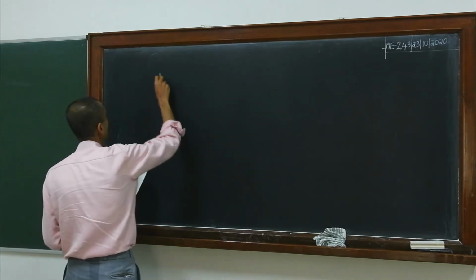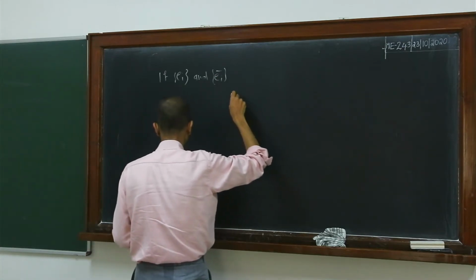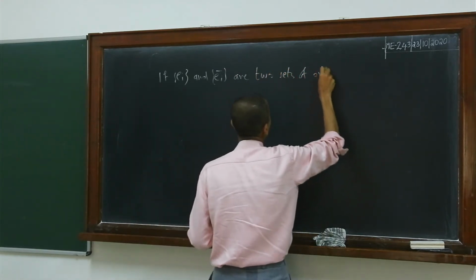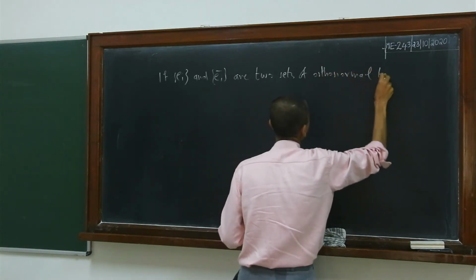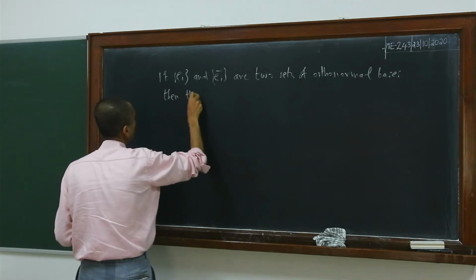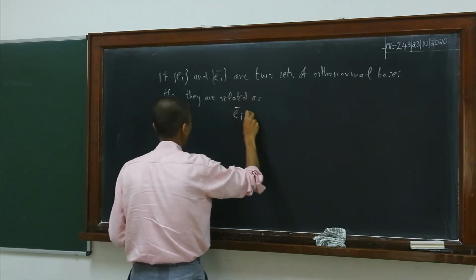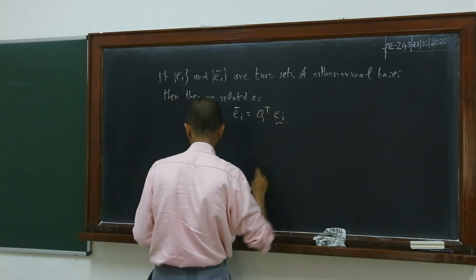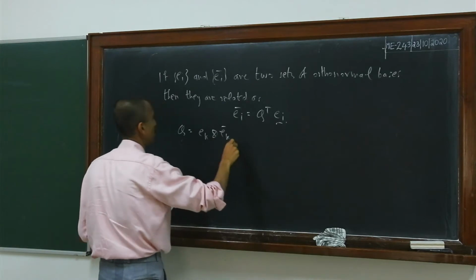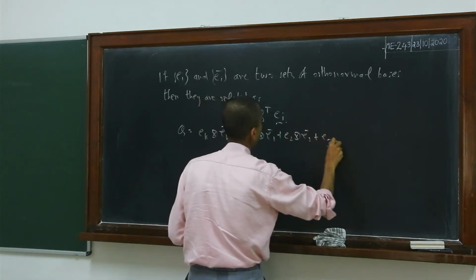So if Ei and Ei bar are two sets of orthonormal bases related as Ei bar is equal to Q transpose times Ei, where Q is equal to Ek dyadic Ek bar, or that is equal to E1 dyadic E1 bar plus E2 dyadic E2 bar plus E3 dyadic E3 bar.